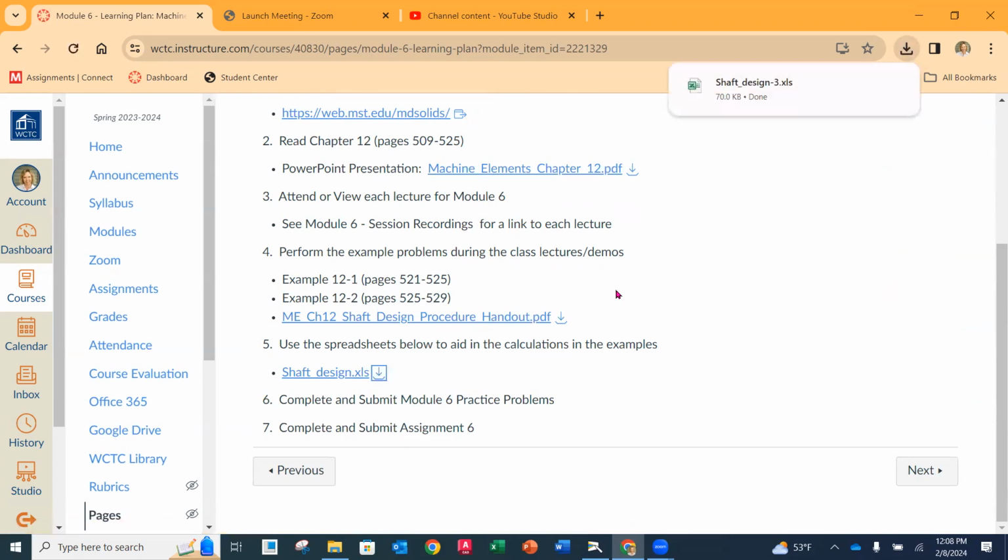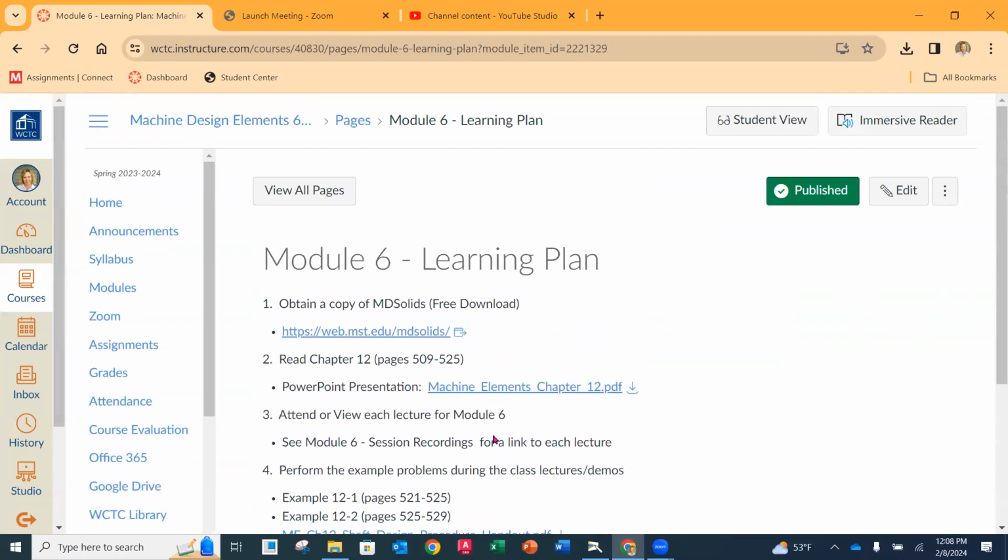I have made some changes as of last night. So if you downloaded it before late last night, we're going to want to download again and get the most current version, because there are some things that I improved. Not that anything was bad, but I found a couple things that I thought would make it easier to use. And then you'll notice down here, submitting the practice problems, as well as assignment number 6, is going to fulfill the requirements for this module.